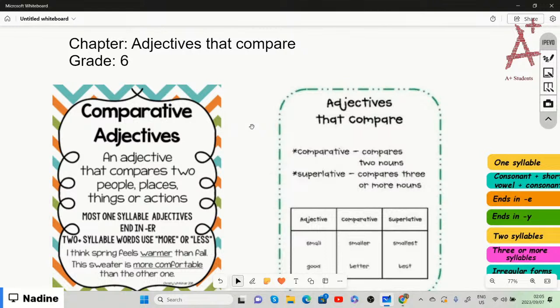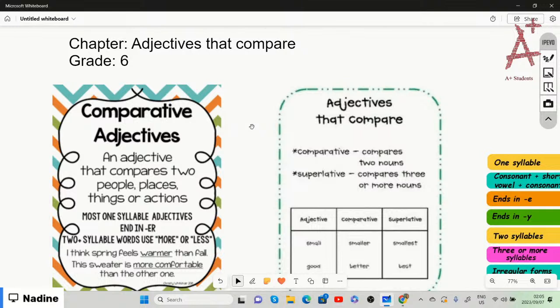So warmer than fall. We are comparing, right? This sweater is more comfortable than the other one. So comfortable has more than one syllable, which means that we use the word more in front of our adjective, right?